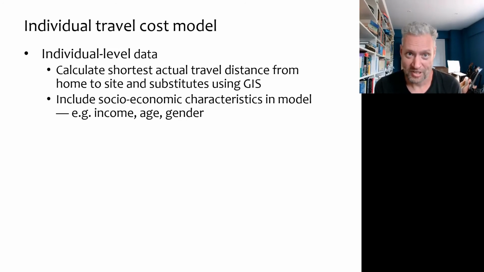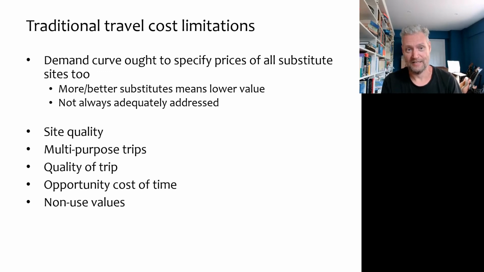Particularly people with children behave very, very differently than people without children in terms of their travel choices. So you can include all this. The principles are exactly the same.